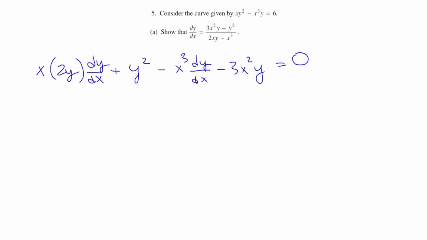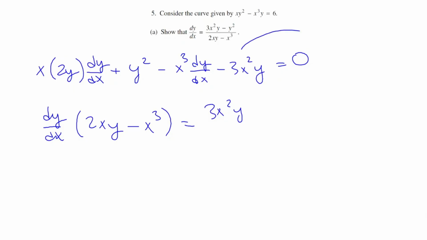We'll now just keep our dy/dx terms on the left and factor out the dy/dx, giving us dy/dx times 2xy minus x cubed is equal to a positive 3x squared y when we bring that over, and a minus y squared when we bring that over.